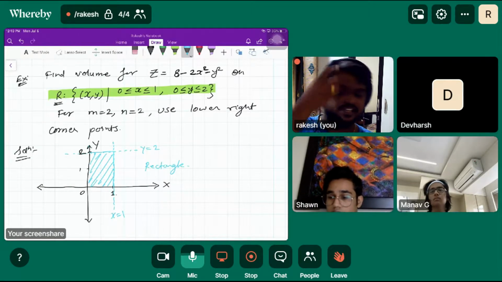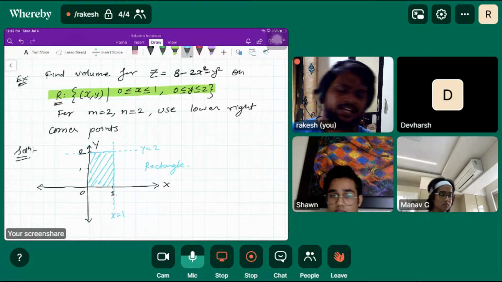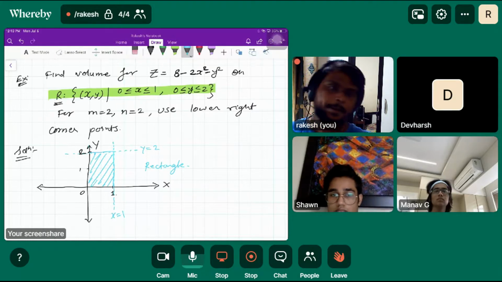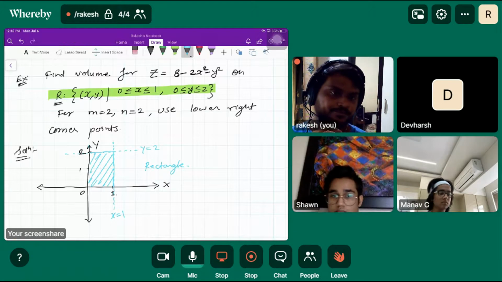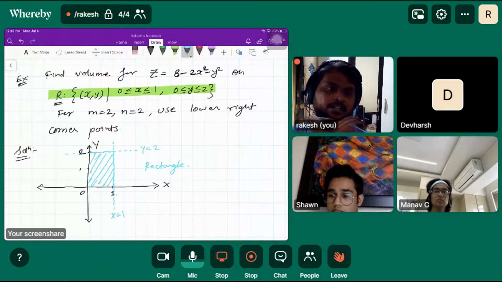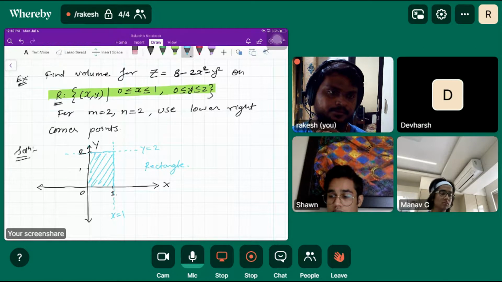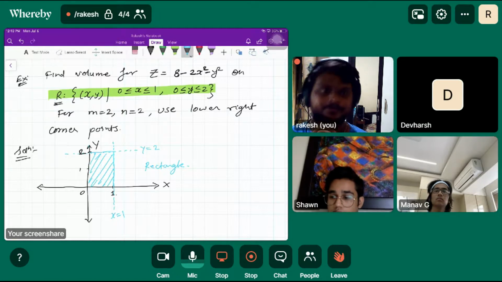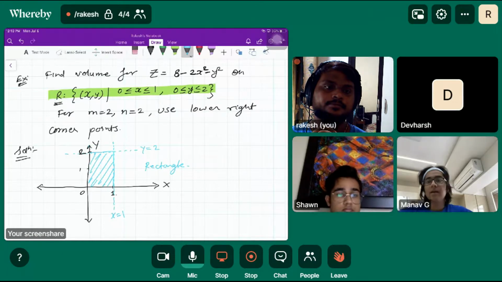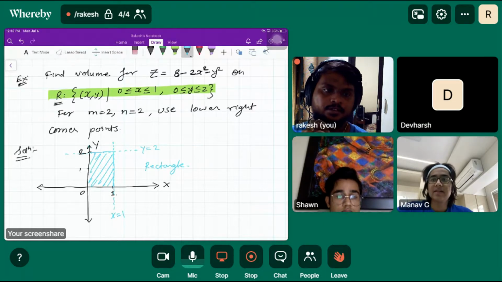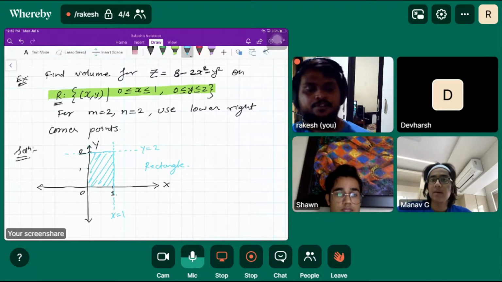So when do we say that the region is a rectangle? When x and y both are bound within constants, then only we will get a rectangle. We are saying no parameters.